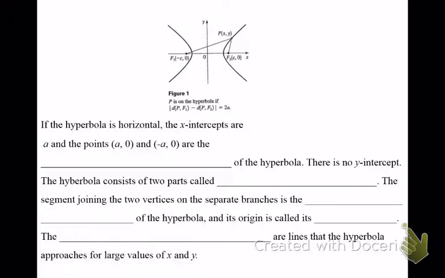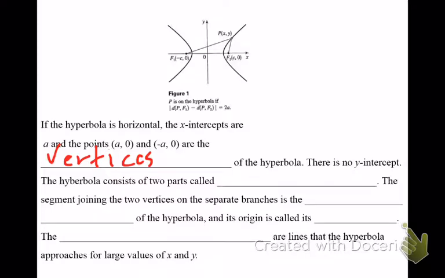If the hyperbola is horizontal, then the x-intercepts are A, and the points A,0 and negative A,0 are the vertices of the hyperbola.